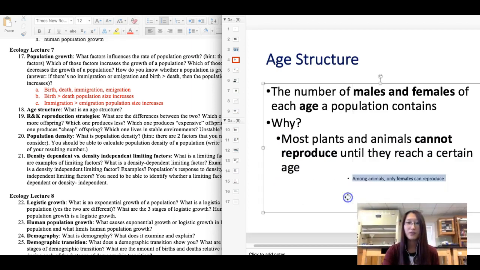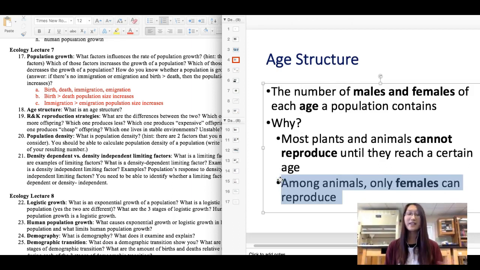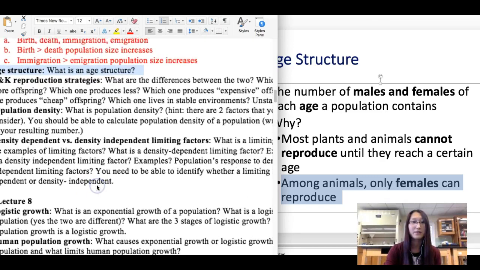Among these animals, only females can reproduce. So when you look at a population, you also want to think about how many females we have. If you have a lot more males than females, then your population growth is probably not going to be that fast either. There's nothing wrong with that. It's just some factors that we want to think about when we talk about population.